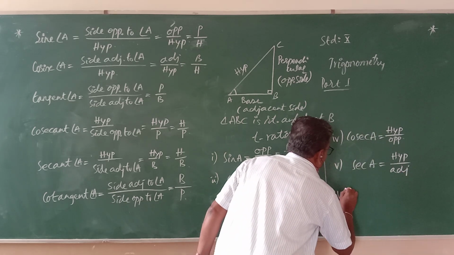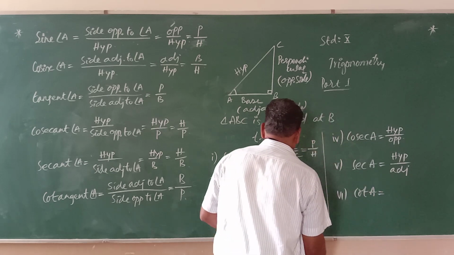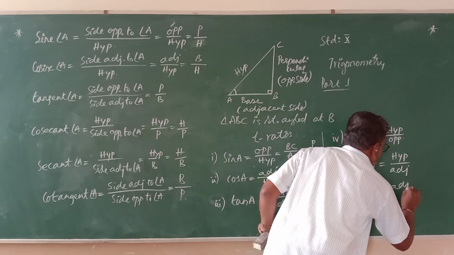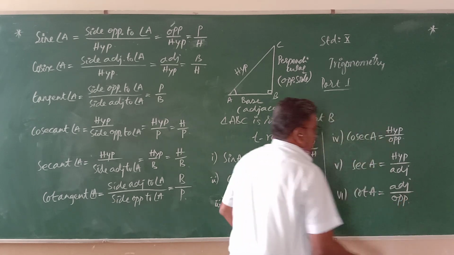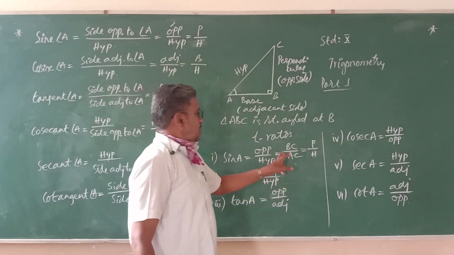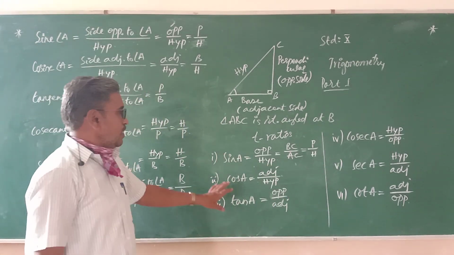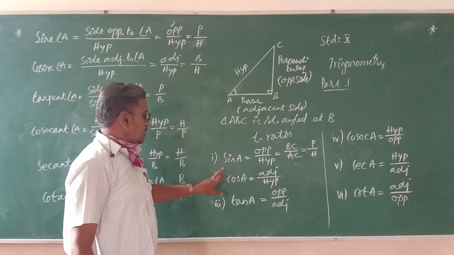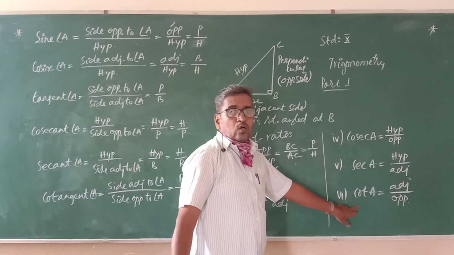And cotangent, cot of angle A, is equal to adjacent upon opposite. Yes, these are the ratios said to be T ratios, trigonometric ratios: sine, cos, tan, cosecant, secant, and cotangent.